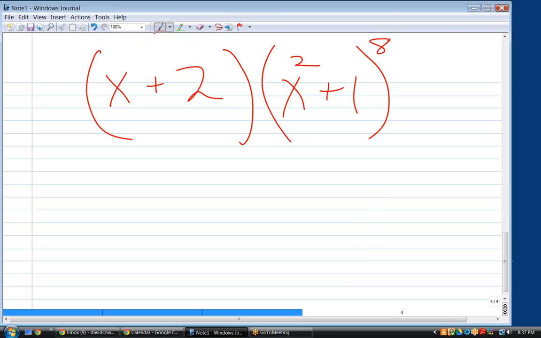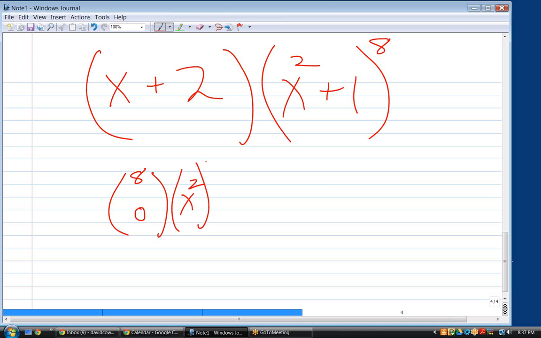So how do I get x to the 4th? Well, what's the first term? The first term would be 8 choose 0 times x squared to the 8th.